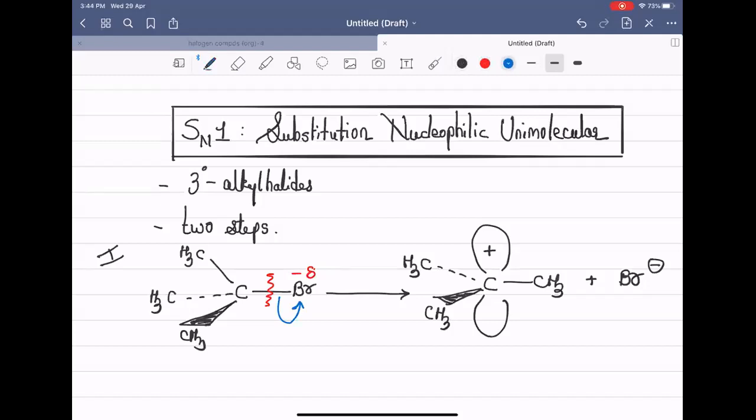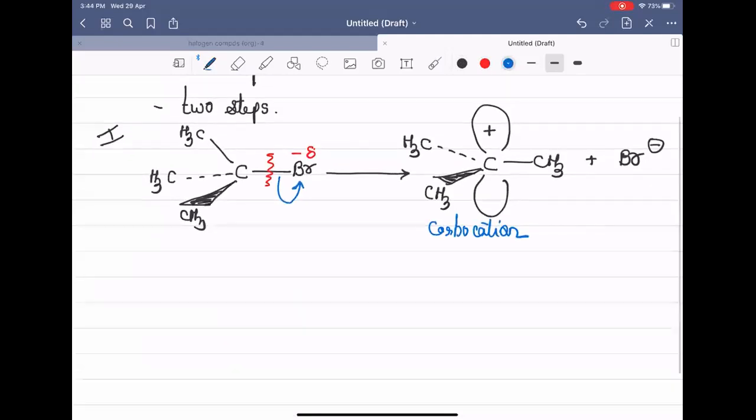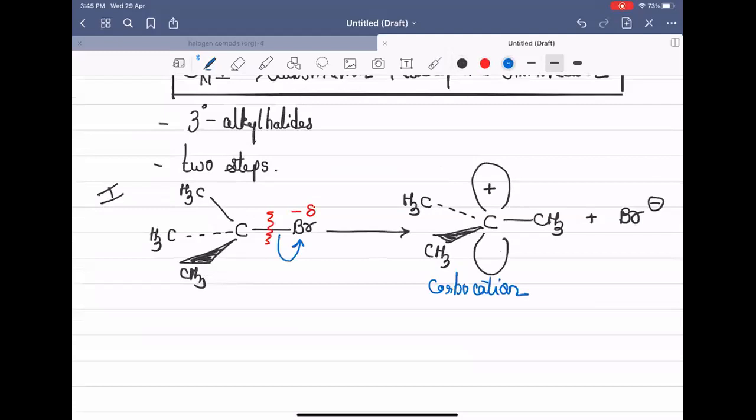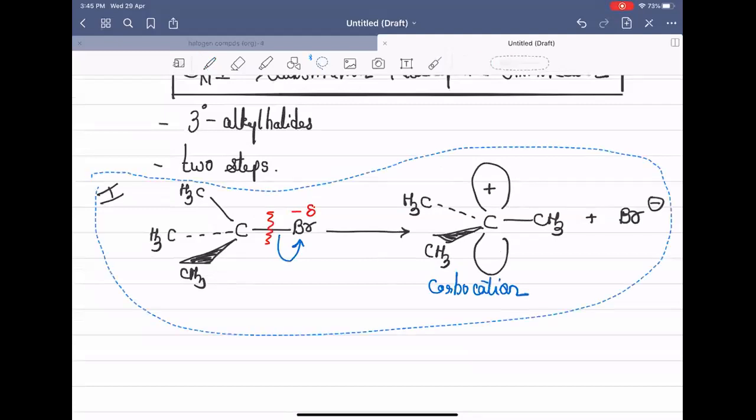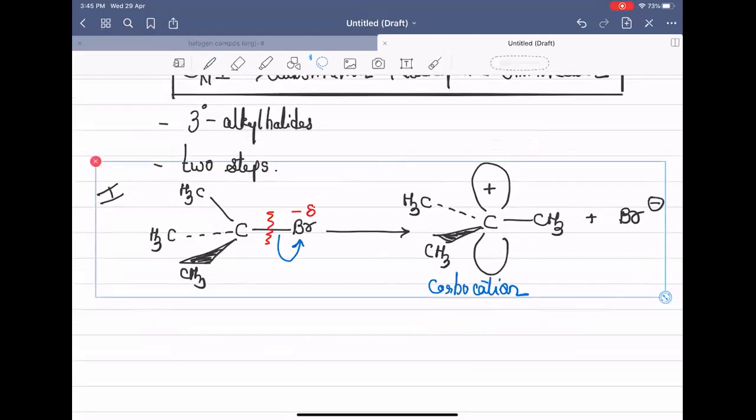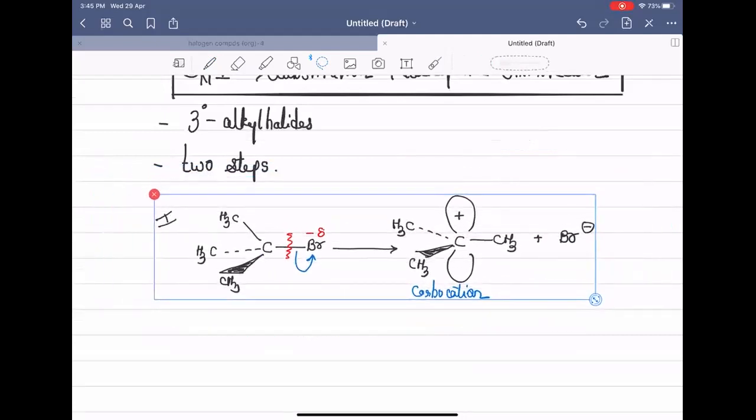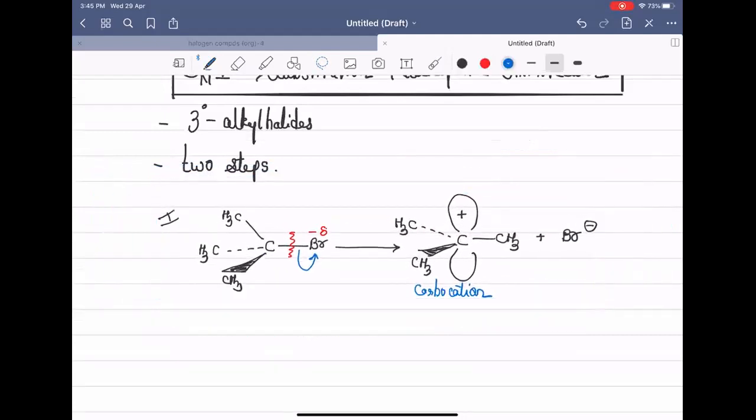So when carbocation is one of your intermediates, there are a few things that you have to know here. One, all these carbocations have a tendency to undergo rearrangement as and when possible.